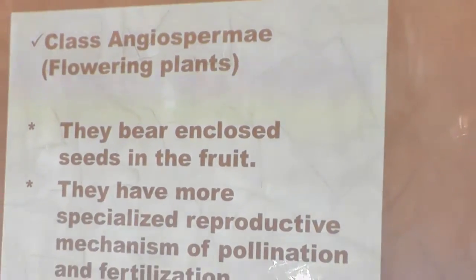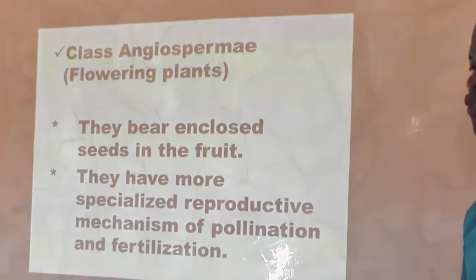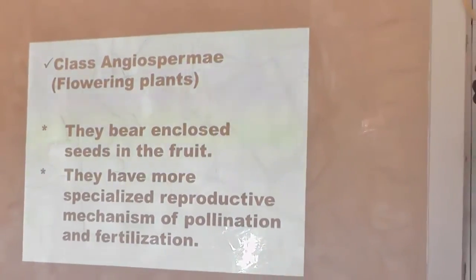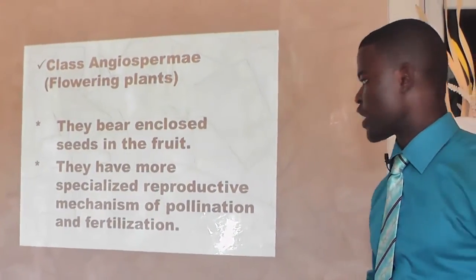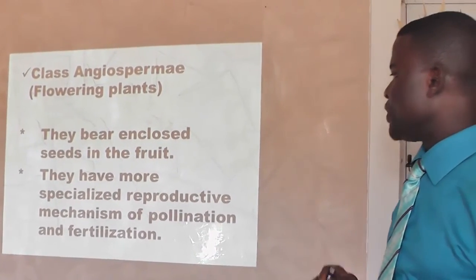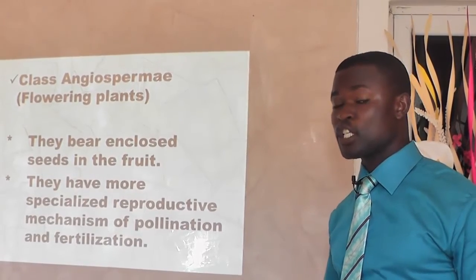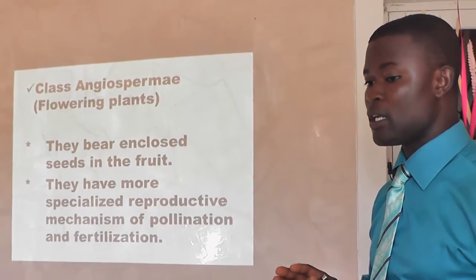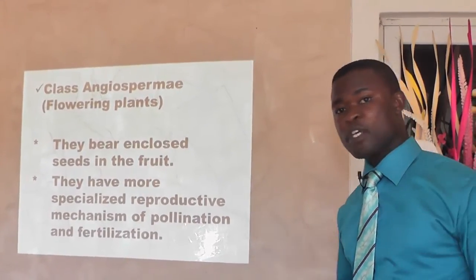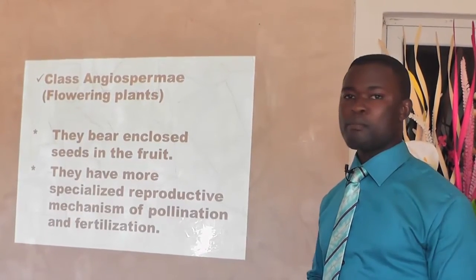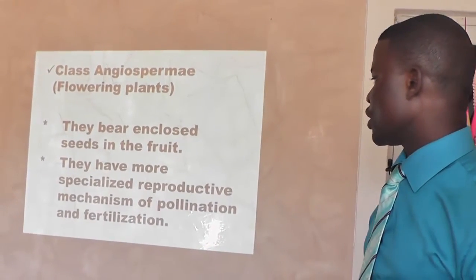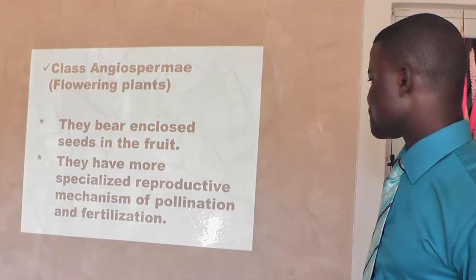Now let's take a look at the flowering group of spermatophyta, which are called angiospermic or angiospermatophyte. These ones bear enclosed seed. Unlike the previous one that bears naked seed, these ones bear enclosed seed because they have ovary. They are flowering plants, and they also carry out pollination.